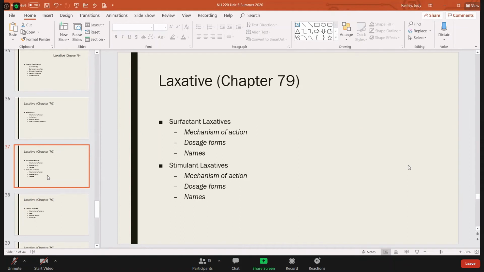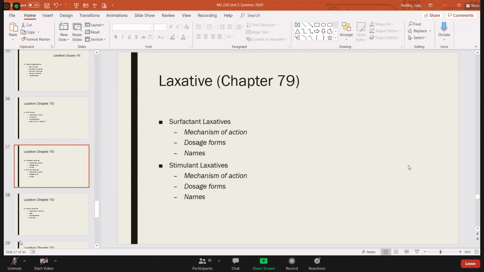And a lot of times you will see that patients will take a senna and docusate together. It is a combination of medications that patients are prescribed to help really ensure that they are having regular bowel movements. Castor oil is a very powerful stimulant laxative. It's not routinely used, but if it is, you want to make sure that you're not giving it to a patient at bedtime because they will be up all night pooping.